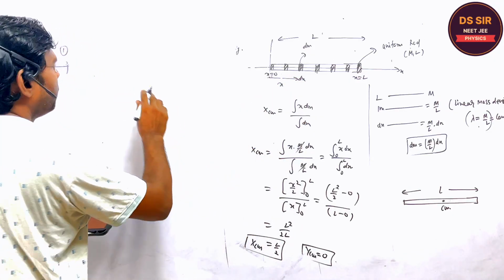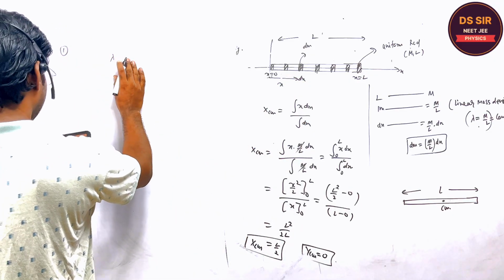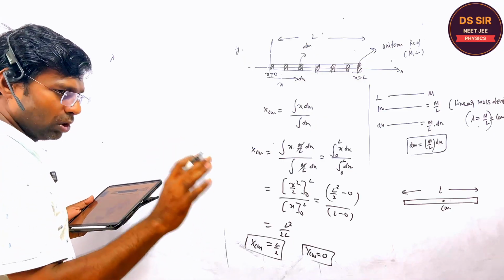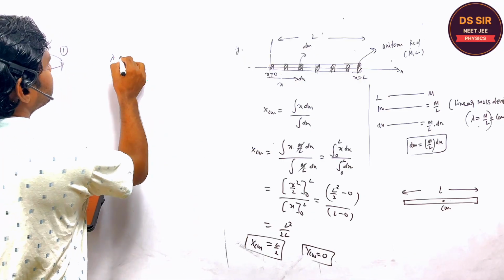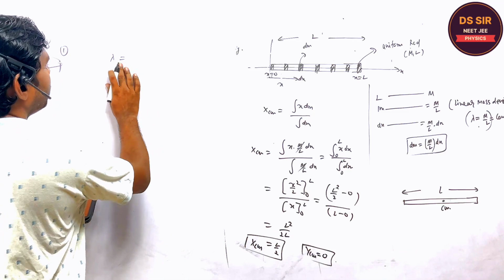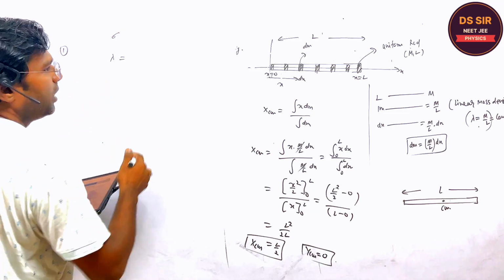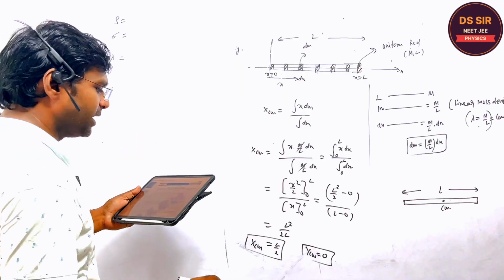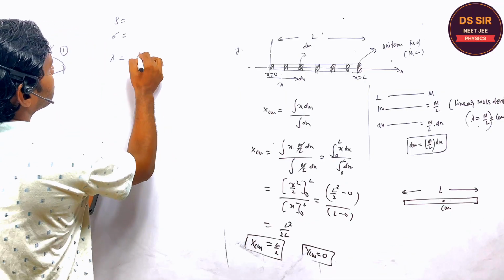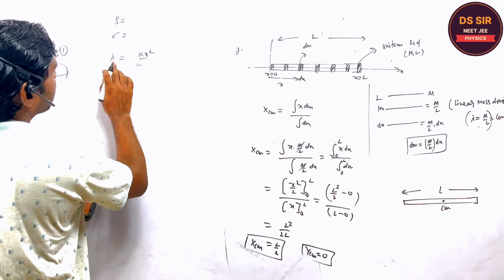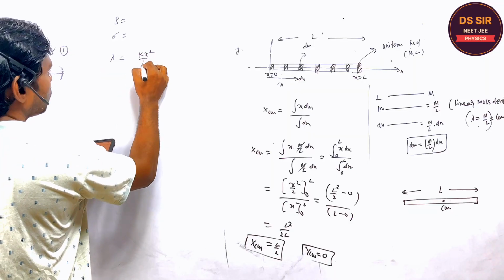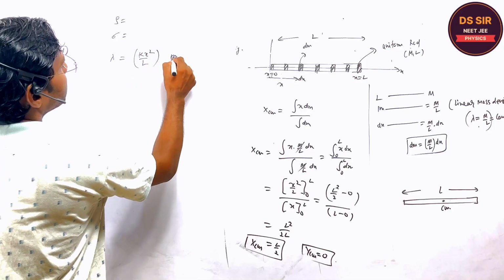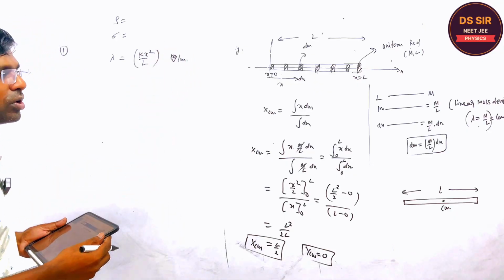But for this rod, the linear mass density, the mass per unit length, although generally we represent linear mass density by lambda, surface mass density by sigma, and volume mass density by rho. In this question it is written as rho, but I am still writing the linear mass density is represented by lambda equal to kx square by L. Do you understand or not? This is in kg per meter.